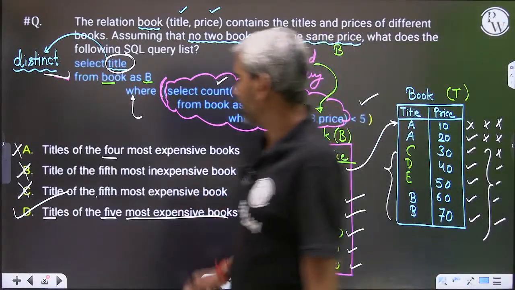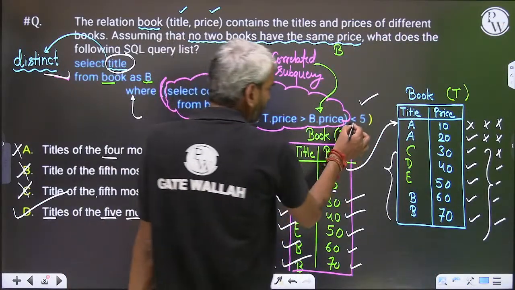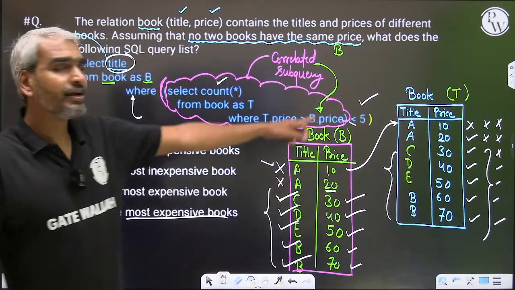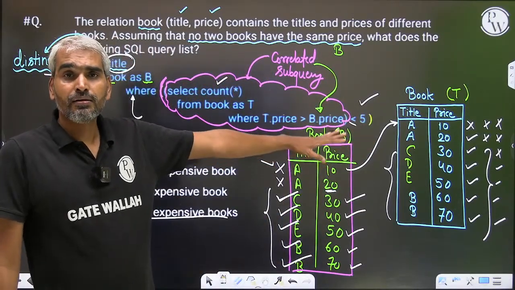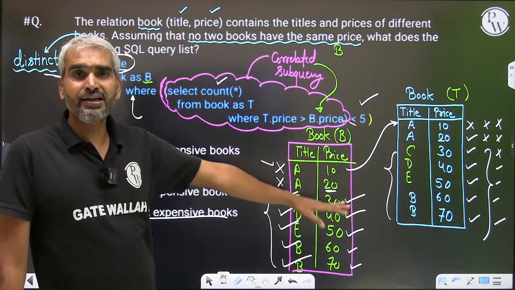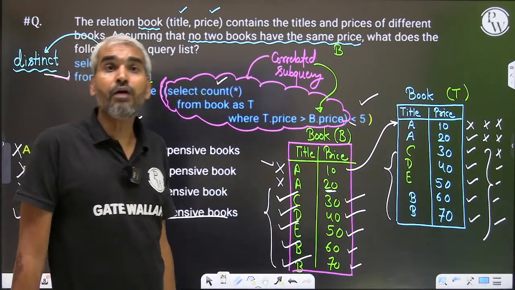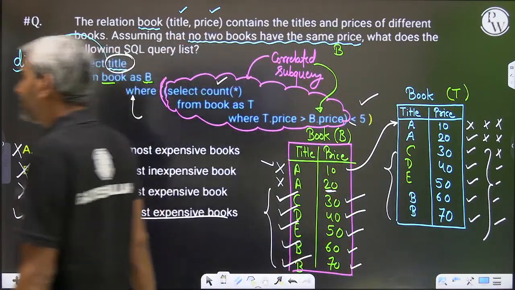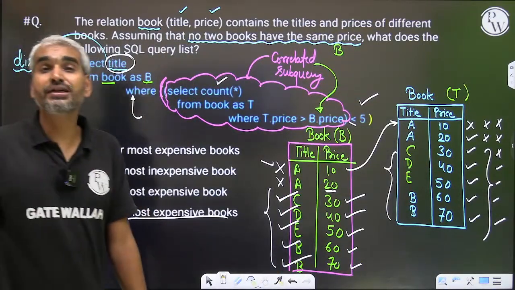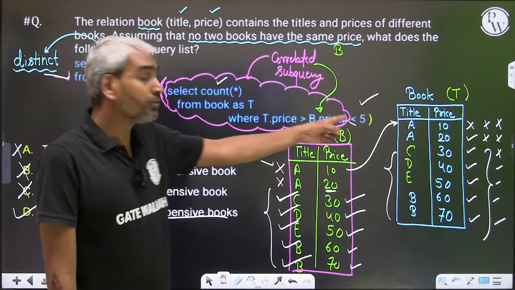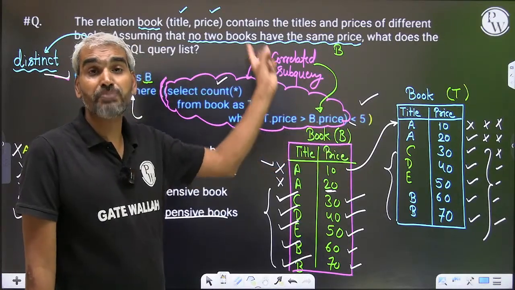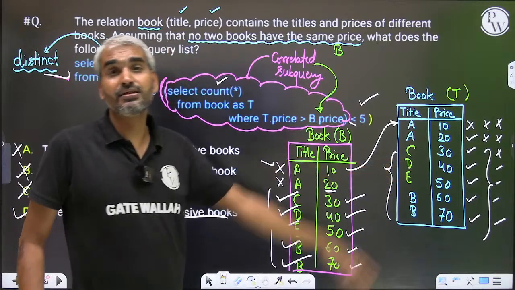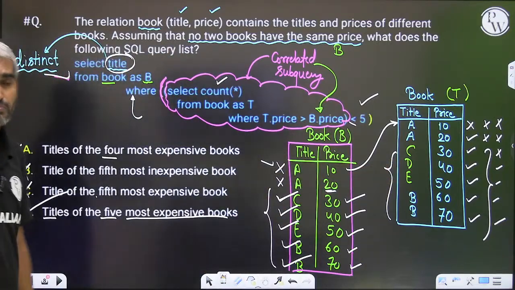If we apply the equality condition, then the output will contain the titles of the 6 most expensive books, because when you are comparing with respect to the 6th most expensive book, the condition less than or equal to 5 will also be true.